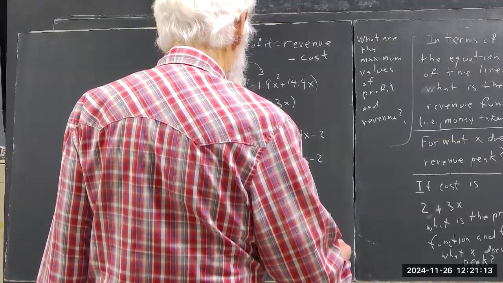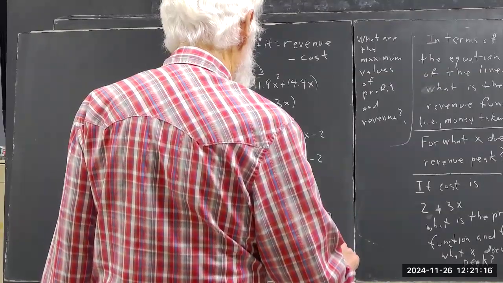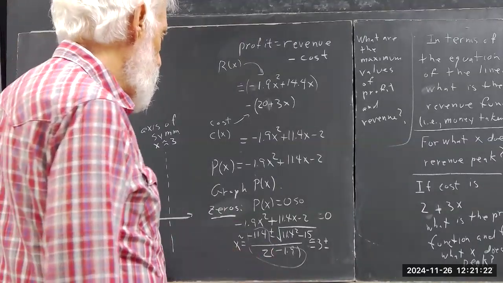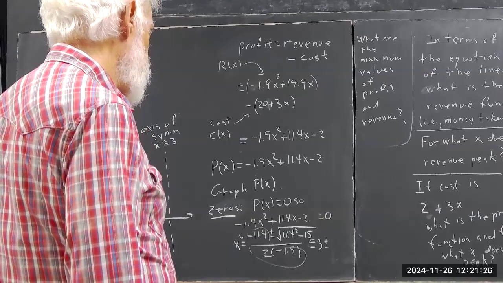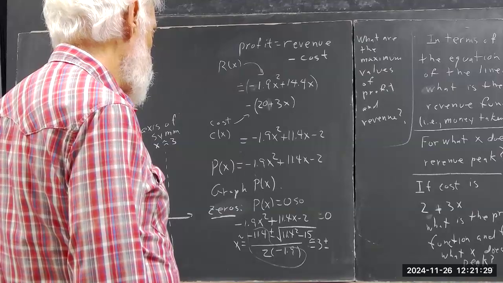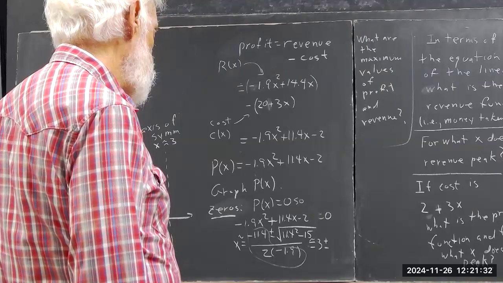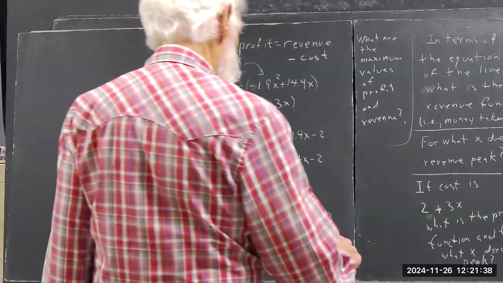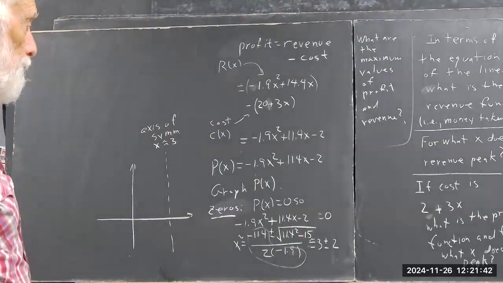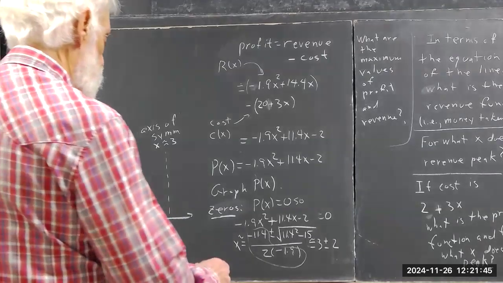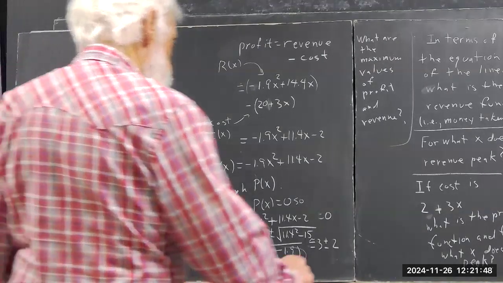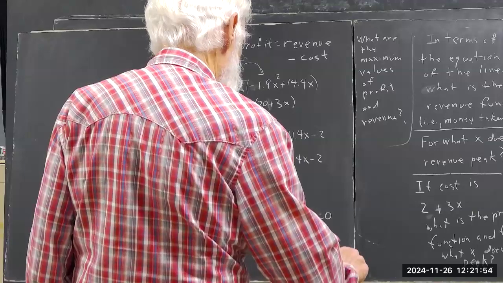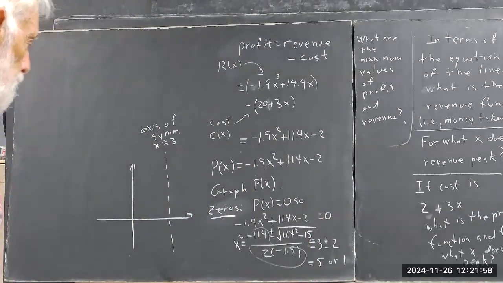So this is approximately 3 plus or minus the square root of 115, which is a little less than 11, say 10.7, divided by 3.8, which is about 3 plus or minus 2, which means x can be 5 or 1.